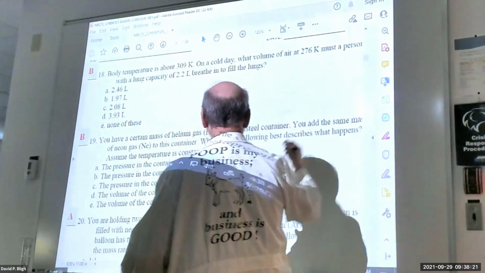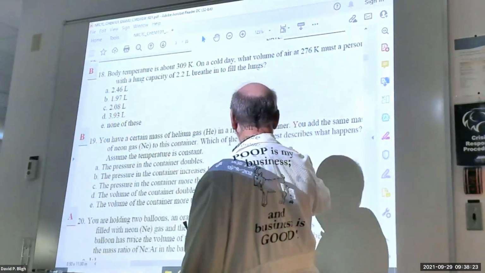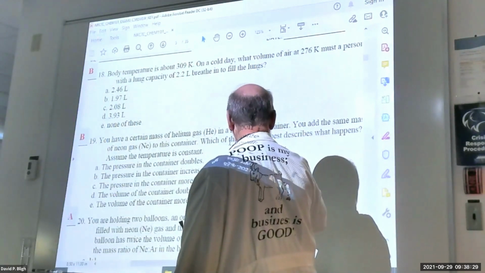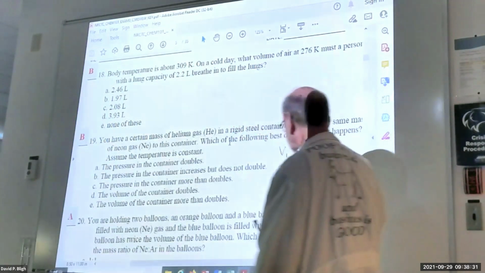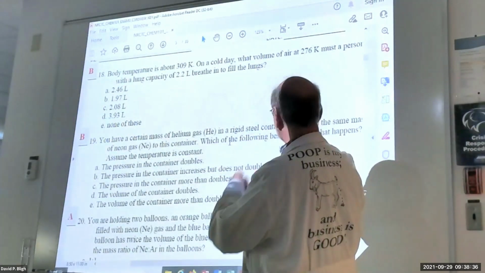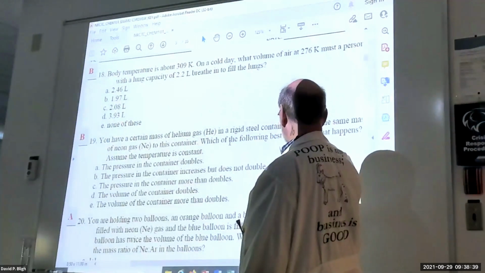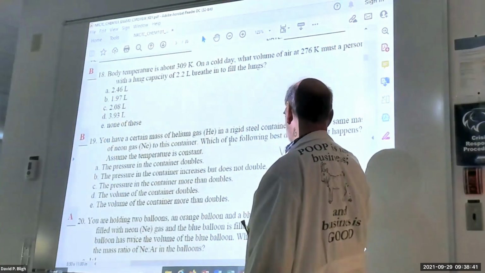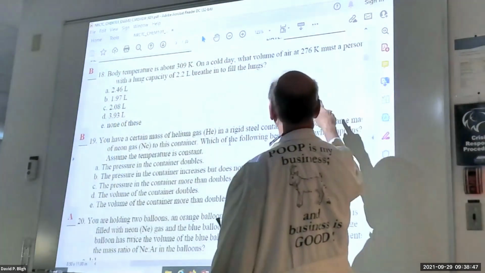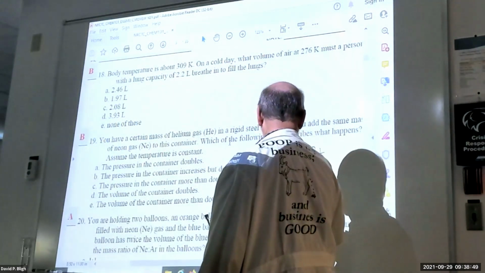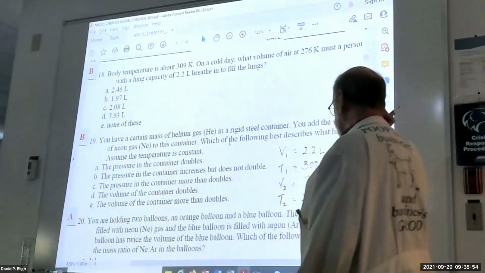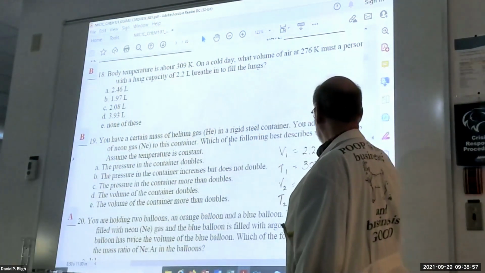Whichever one you do, let's say V1/T1 = V2/T2. If volume 1 is 2.2 liters, then it has to be at that temperature, 309 K. Outside the body is 276 K. So this is our unknown, and you just plug it in.